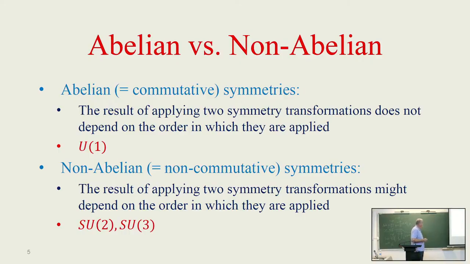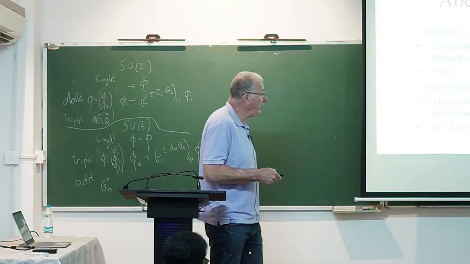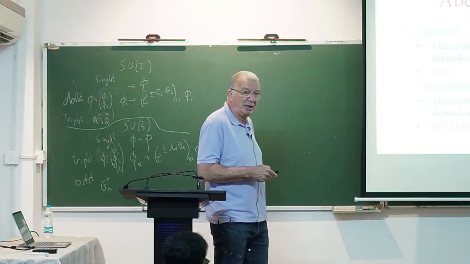U(1) is the abelian symmetry that we saw yesterday, and it's the one that appears in the standard model. In fact, it's the only abelian symmetry that is important for our purposes. In non-abelian symmetry, the result of applying two symmetry transformations might depend, not for all transformations, but might depend on the order in which they are applied.